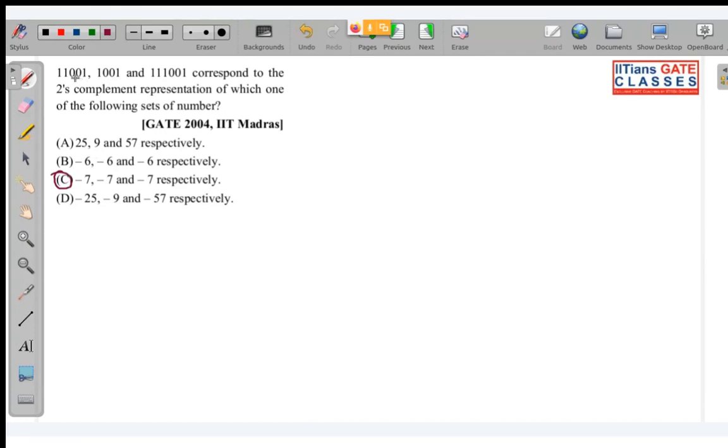So look here. These three numbers, 11001, 1001 and 111001, correspond to the 2's complement representation of which one of the following sets? Now if you look at the options, you can see basically that these are your sign magnitude representation.